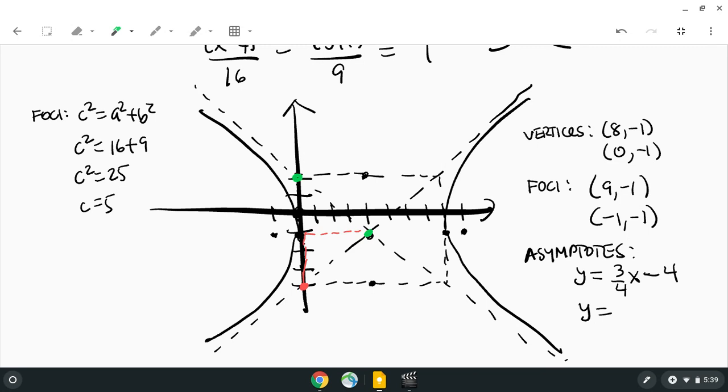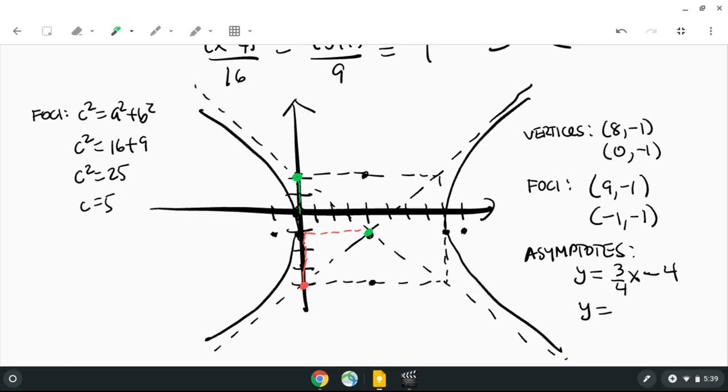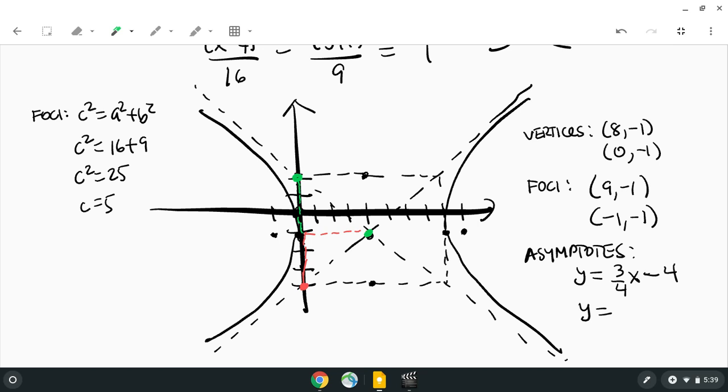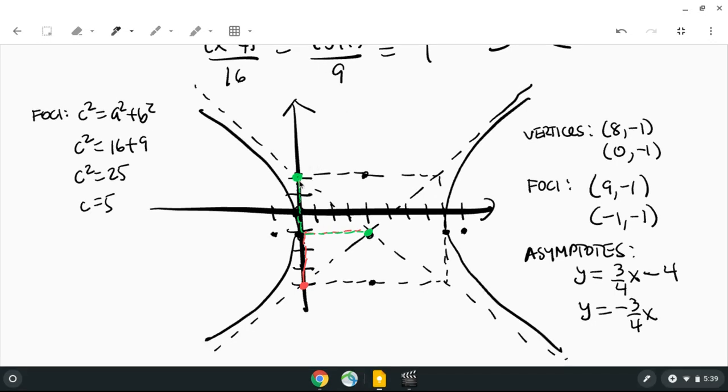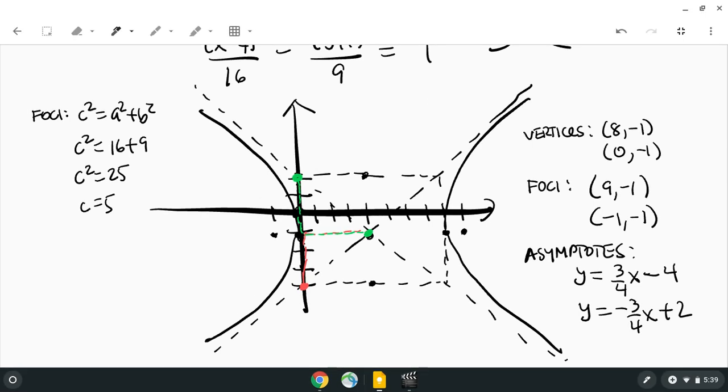Let's find out what our slope is. 1, 2, 3, and 1, 2, 3, 4. So the slope is -3/4, and my y-intercept is up here at 2. So there's all the information.